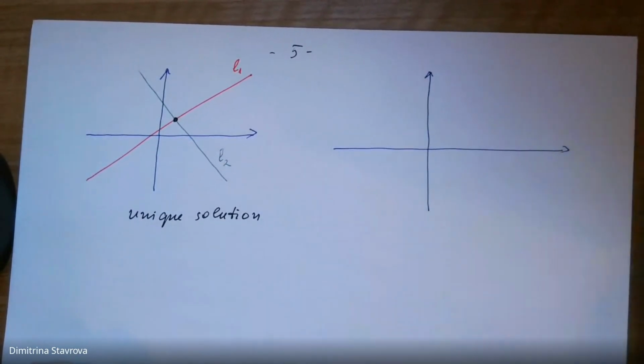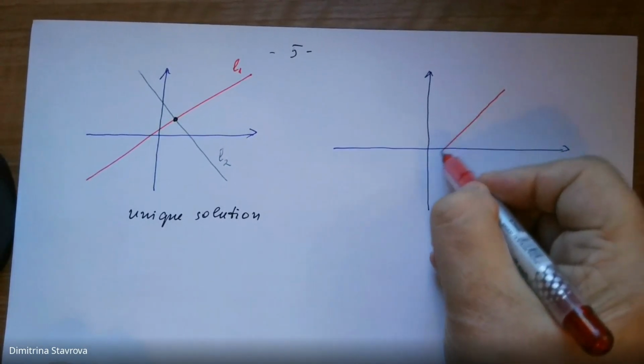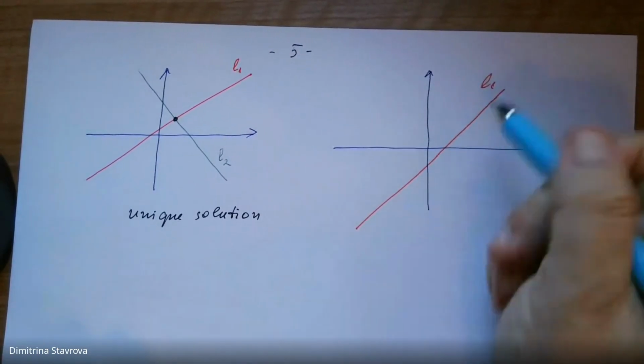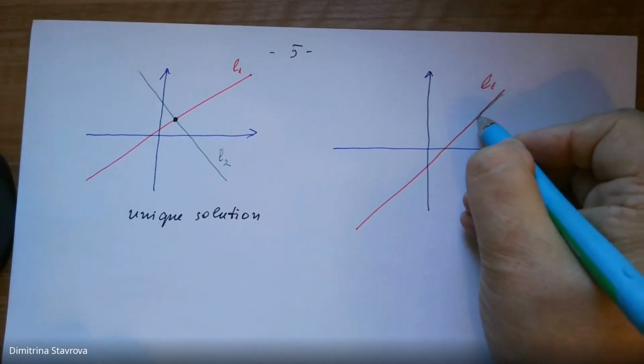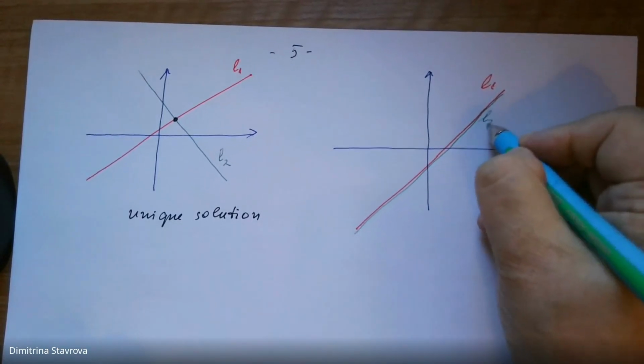Then the other possibility, which is a little bit difficult to be drawn, is if we have one line, L1, and another line which coincides with it, L2.